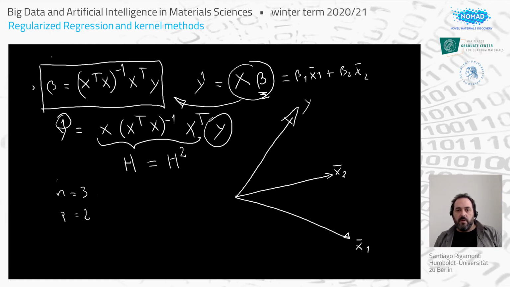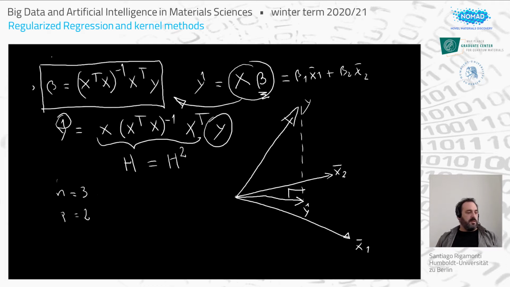So what you find is that this projection operator is an orthogonal projector. You are able to show in principle that if you apply h to y, you will get an orthogonal projection on the column space. So this is y hat, and this is orthogonal.